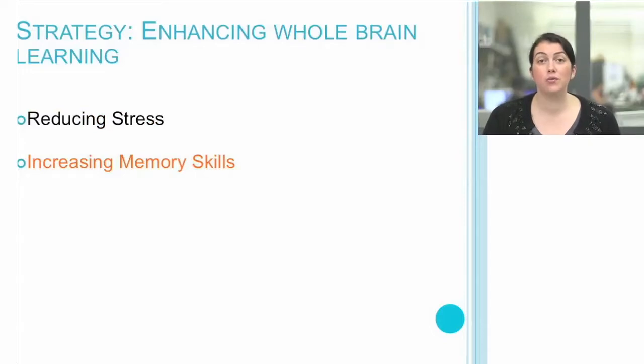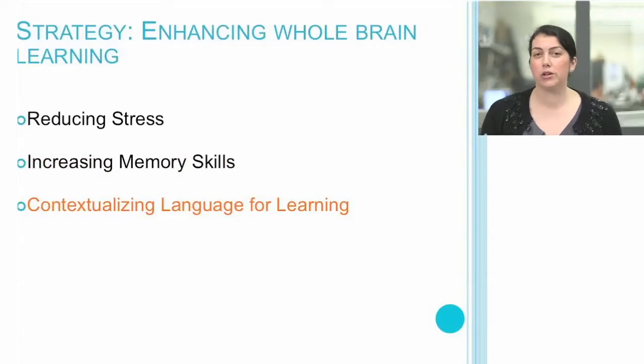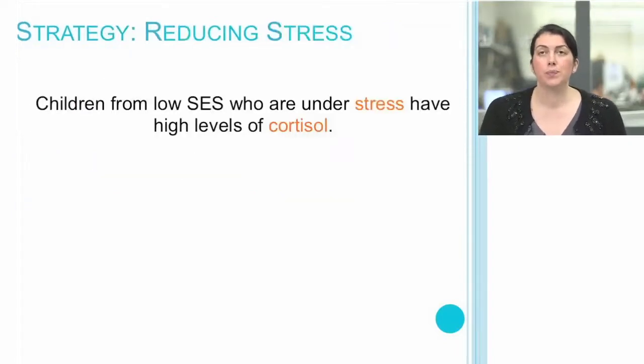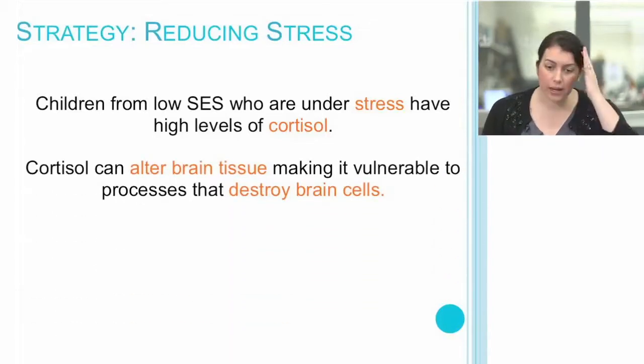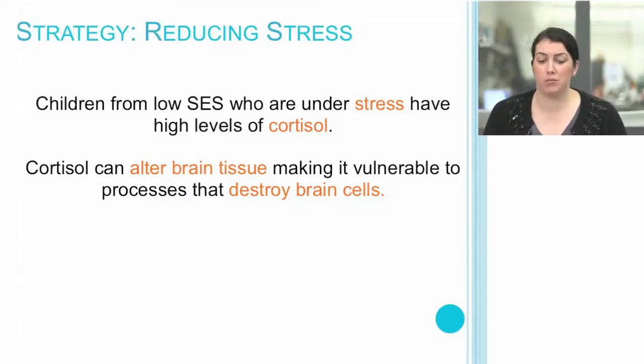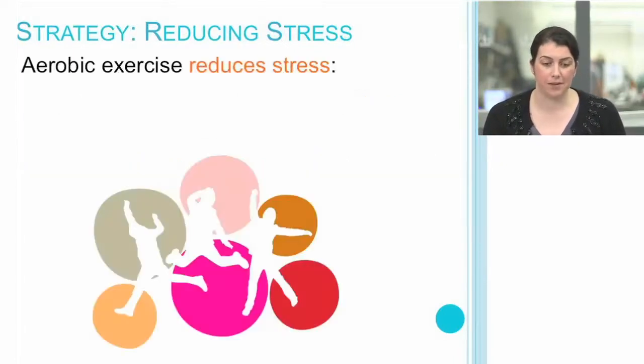So through reducing that stress, we can increase memory skills and really create a better scenario for learning. So the connection here is that children who are under high levels of stress have higher levels of cortisol. So what can we do, knowing that cortisol can actually reduce the amount of functioning brain cells? And so what we need to do is figure out, how do we reduce those cortisol levels? How do we reduce the stress, even just within our own classroom environment?